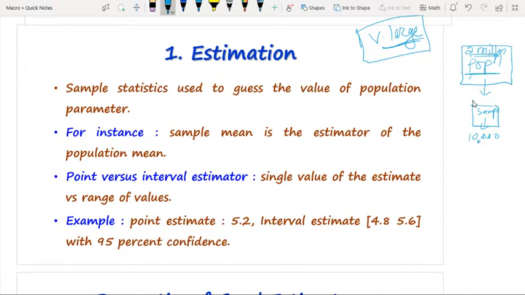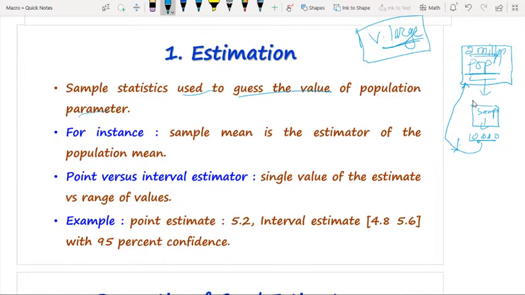Our purpose here is to know something about the population based on the information collected from the sample. Based on the information from the sample, we estimate the characteristics of the population. So estimation is simply the process of making a guess about the value of the population parameter.